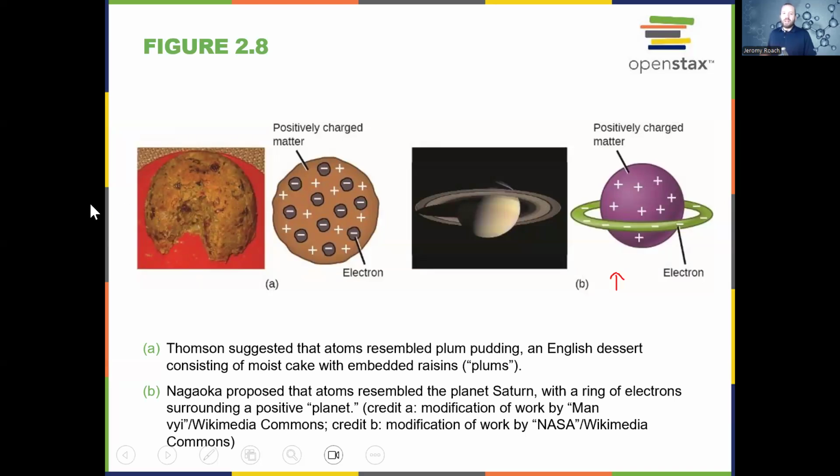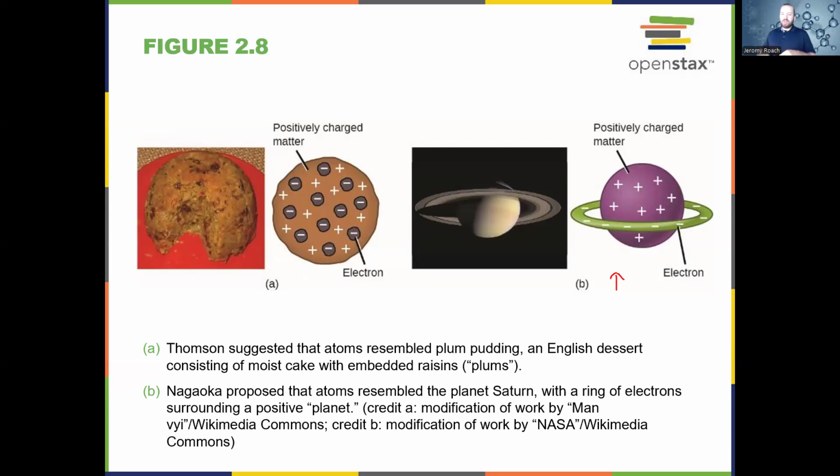He said that an atom is very similar to plum pudding. So he thought that there were electrons inside of this positively charged pudding, where the electrons would be considered the plums, and this would be the pudding here. So he thought that's what an atom looked like.